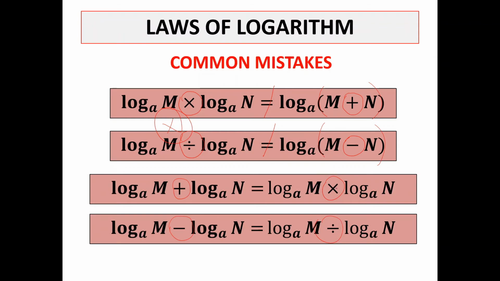Okay, so multiplication and division cannot be between two logs, it must be in the bracket. Okay, as we have discussed before. So these two equations are also not acceptable due to the laws of logarithm.